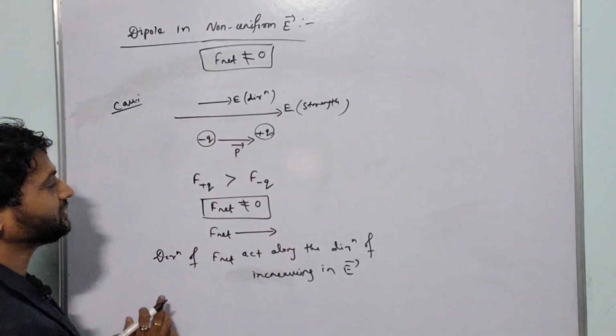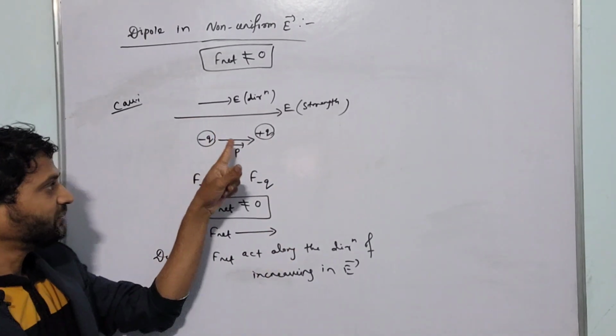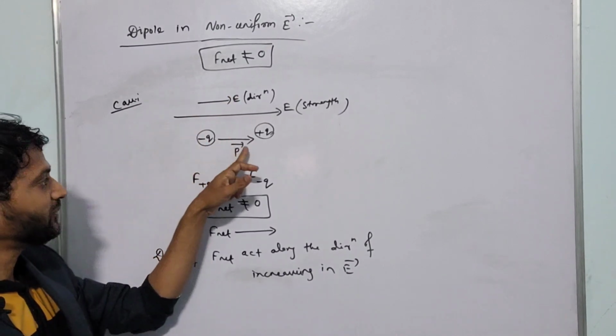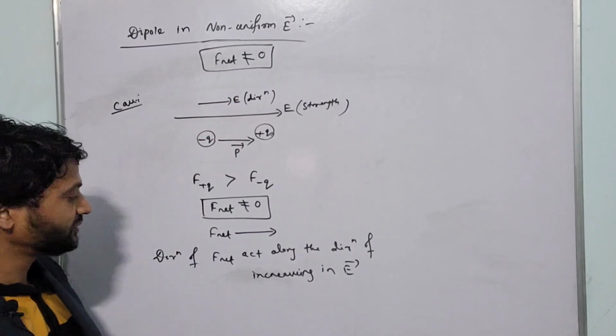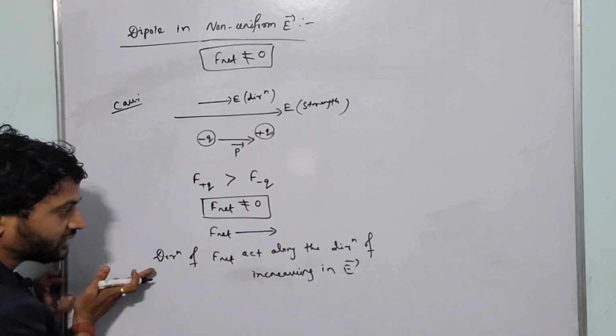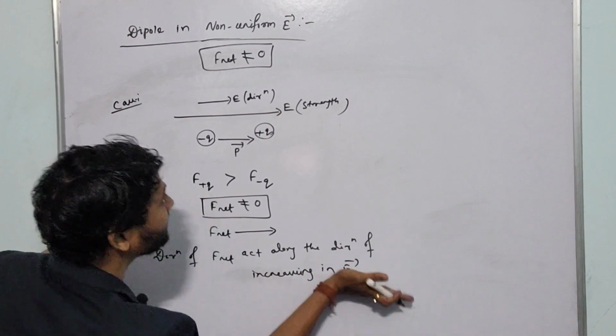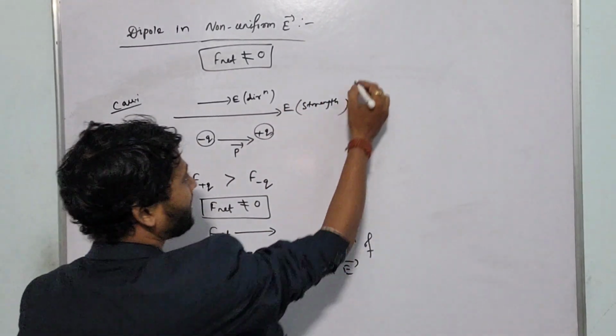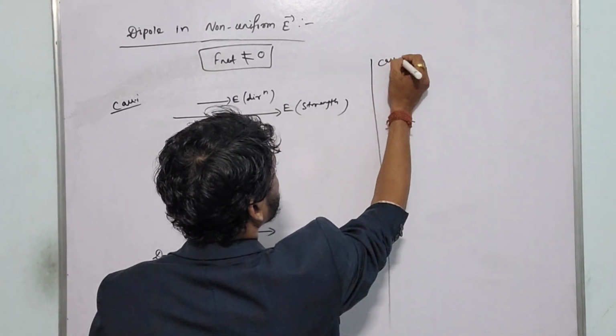So what do you conclude from here? If the dipole moment is parallel to the direction of the electric field, the net force acting on the dipole will be in the same direction as the increasing electric field. Is it clear?